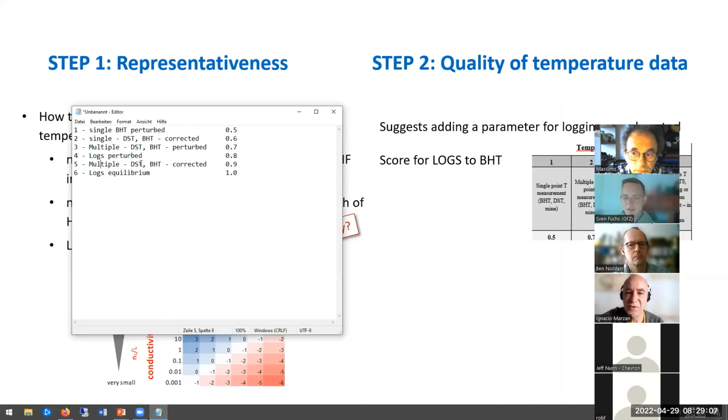Only a precision about that. Yeah, I agree. I like this ranking, but only to point out that logs perturbed here is different from groundwater circulation anomalies.